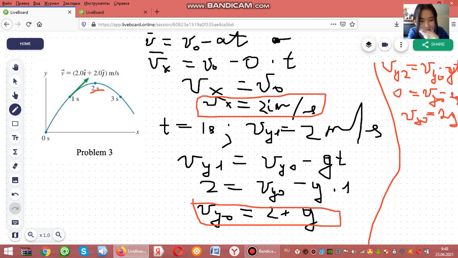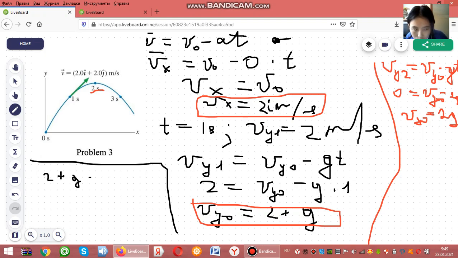And here we can add these equations. I can't explain this well, but let me write it. So here V0y equals 2 plus g, and here 2g. So 2 plus g equals 2g, and it will be g equals 2 meters per second squared.